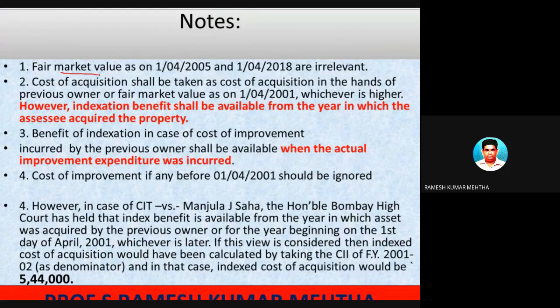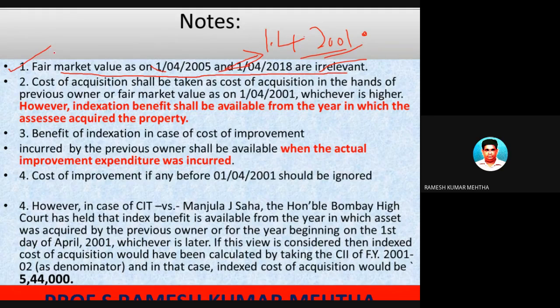Fair market value as on 1/4/2005 and 1/4/2008 are irrelevant. So I told you any fair market value of any dates except 1/4/2001 are irrelevant. This is relevant and these two are irrelevant. Any fair market value of any dates except 1/4/2001 are going to be discarded or disregarded.